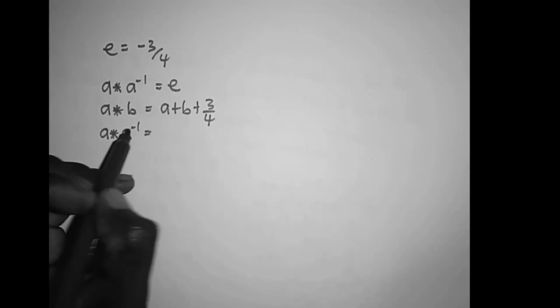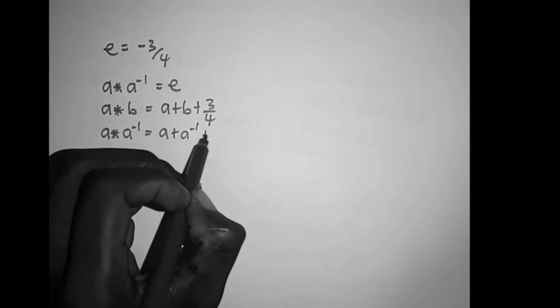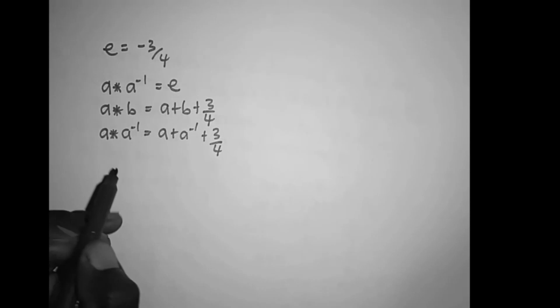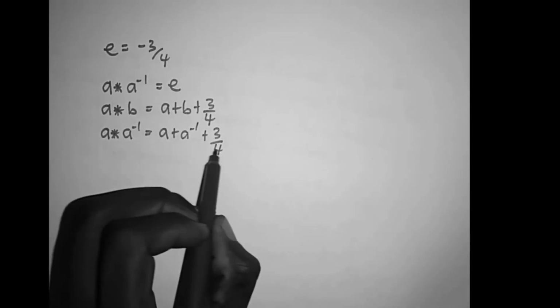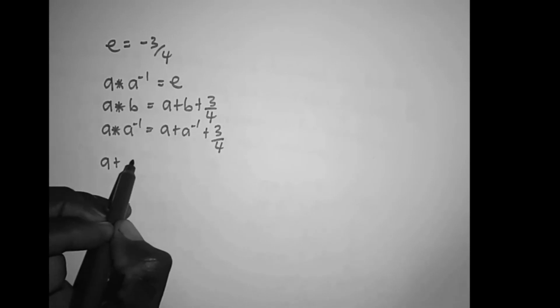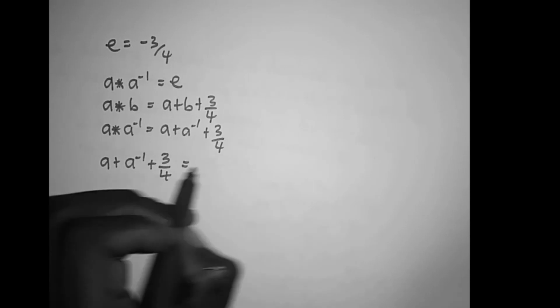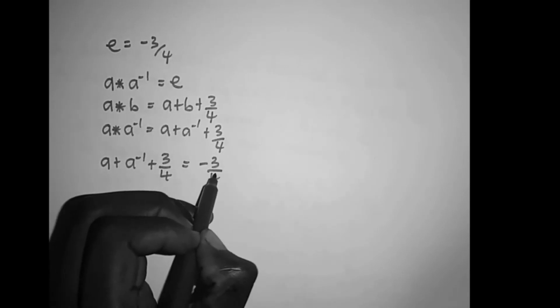So A operation A inverse equals A plus A inverse plus 3 over 4. So we'll then equate this to minus 3 over 4. So A plus A inverse plus 3 over 4 equals minus 3 over 4.